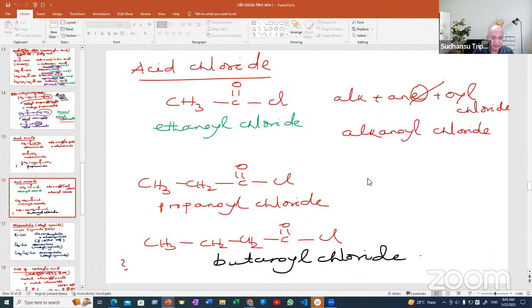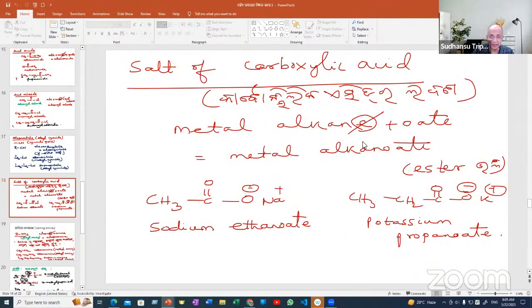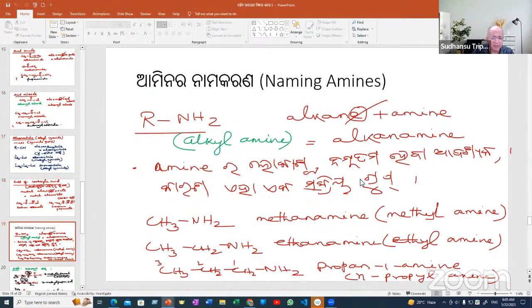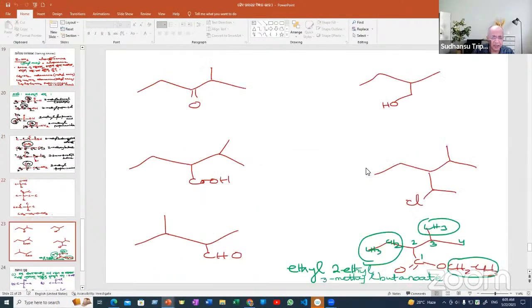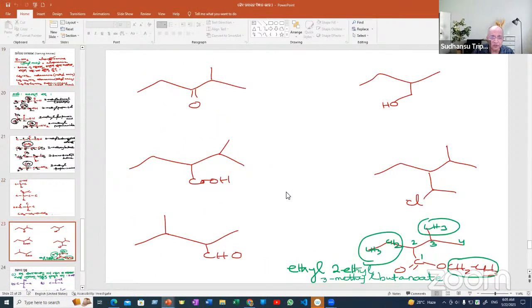This is oyl chloride. This is alkane nitrile, where E will be retained. And this is salt of carboxylic acid. It is similar to ester. Amine is simply alkanamine. And we had discussed something. Well, I had given you all these for practice.